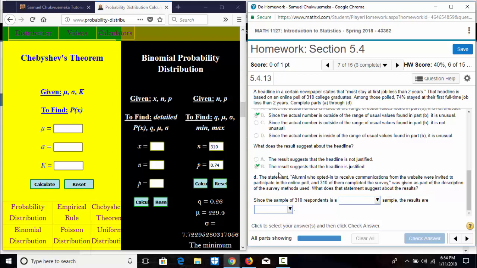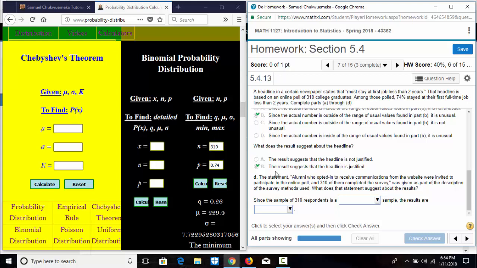So there were some alumni who did not opt in, but the ones that opted in were invited to participate in an online poll, and 310 of them completed the survey.